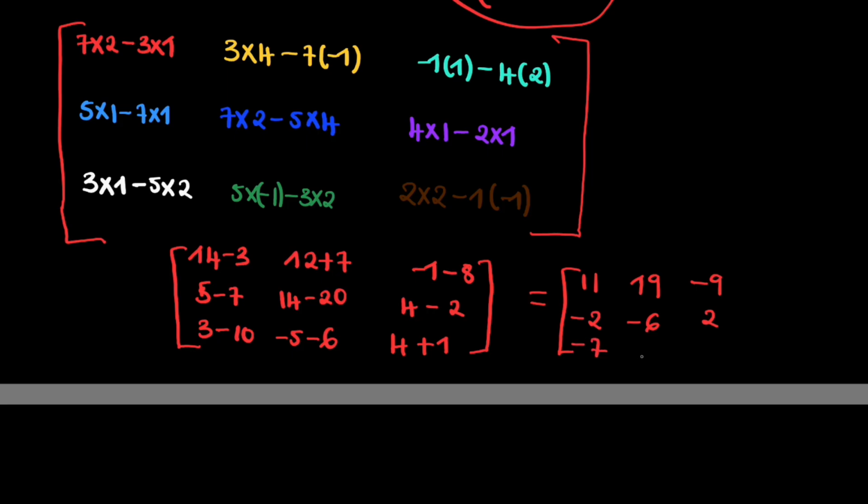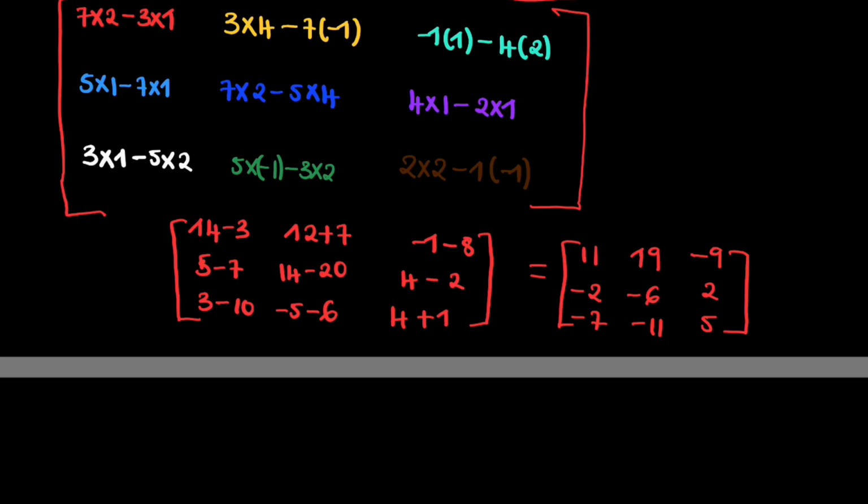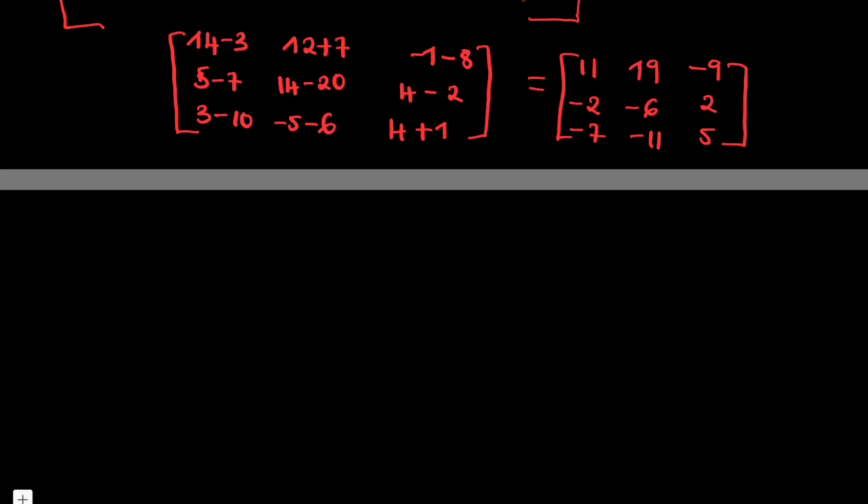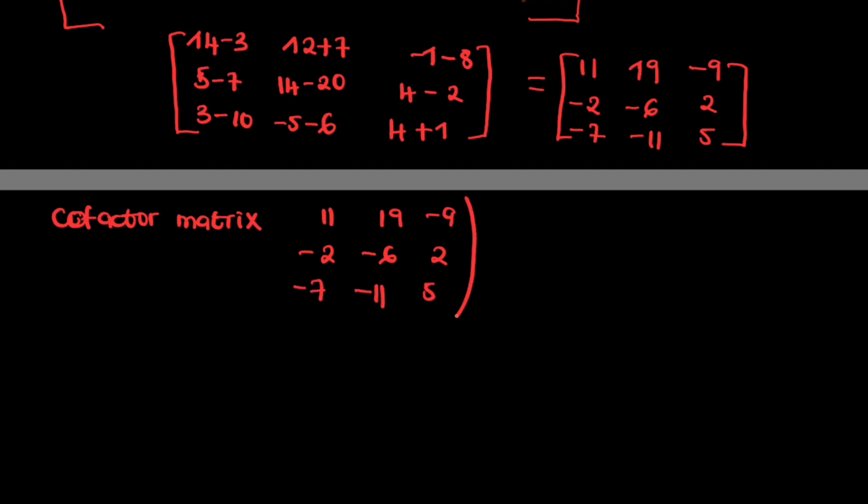Minus 5 minus 6, minus 11. 4 plus 1, 5. Now that is our cofactor matrix. So our cofactor matrix is 11, 19, minus 9, minus 2, minus 6, 2, minus 7, minus 11, 5.